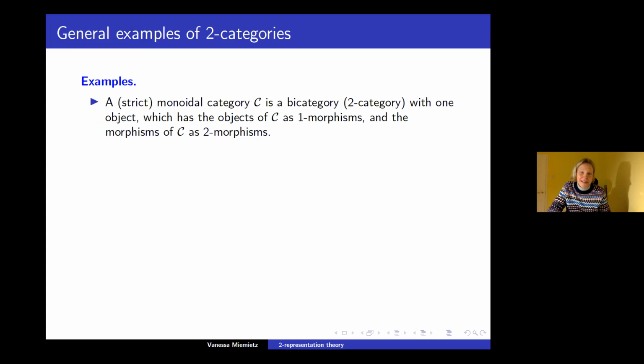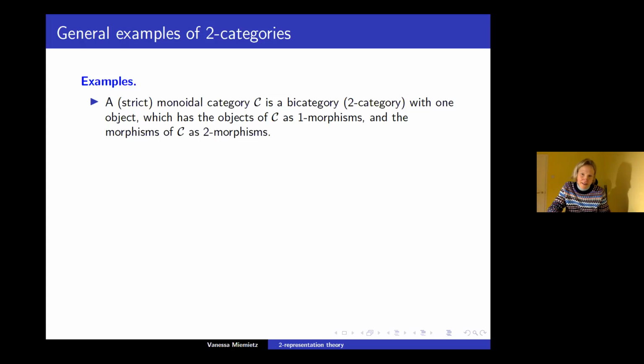So if I have a monoidal category, that's a bicategory with one object. And what people who work with monoidal categories call their objects are the 1-morphisms in this 2-category. And the morphisms in the monoidal category are the 2-morphisms in the bicategory. And if the monoidal category is strict, then that's a 2-category.